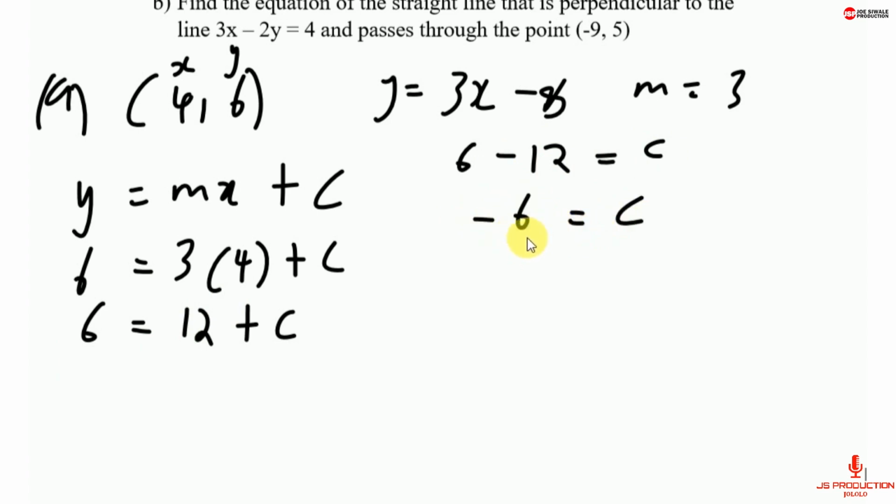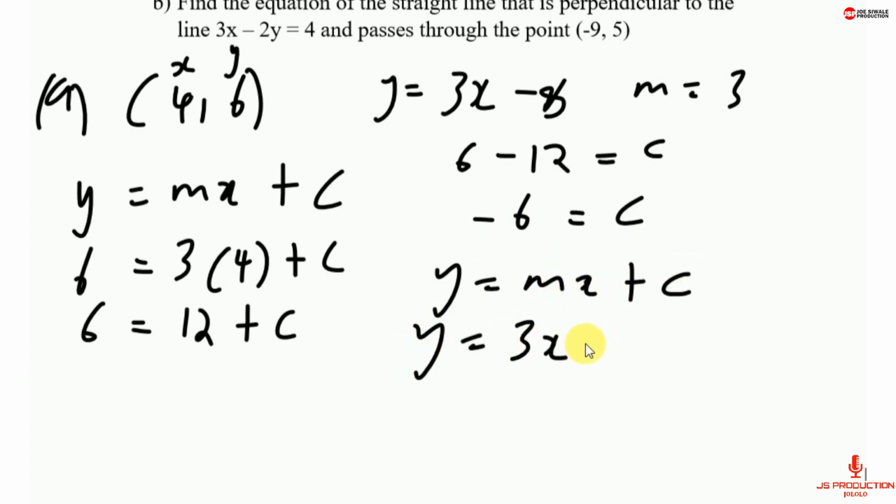And since we know our y-intercept is negative 6, and we know that our gradient is 3, so we can say y is equal to mx plus c. So y is equal to, we know that the gradient is 3, so 3x, then we're going to have plus our y-intercept, we know that's negative 6, so y is equal to 3x minus 6.